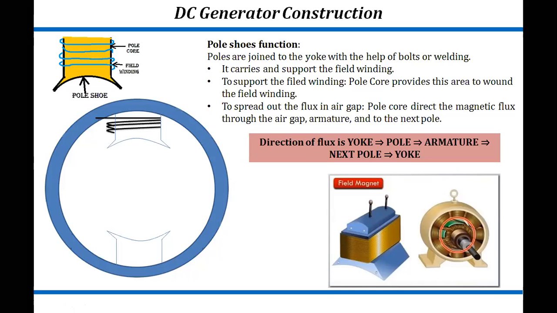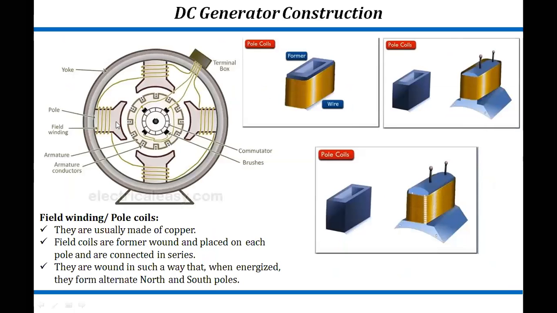If you give the power supply, as the magnetic flux is introduced, the armature will start to rotate, because the armature winding is the rotor of the DC machine. It will decide how the next pole, which is connected in series with this pole, behaves, because if you see the construction, we are connecting them in series one by one.